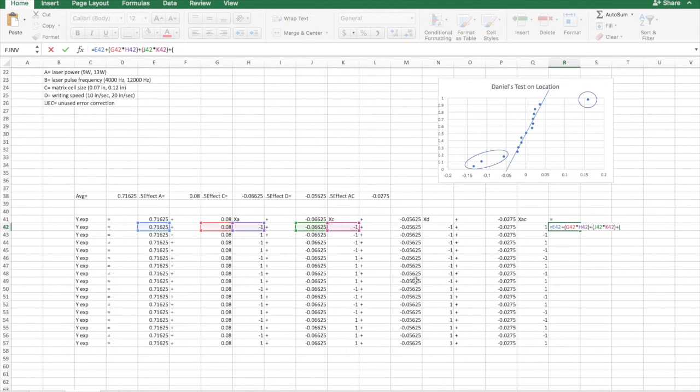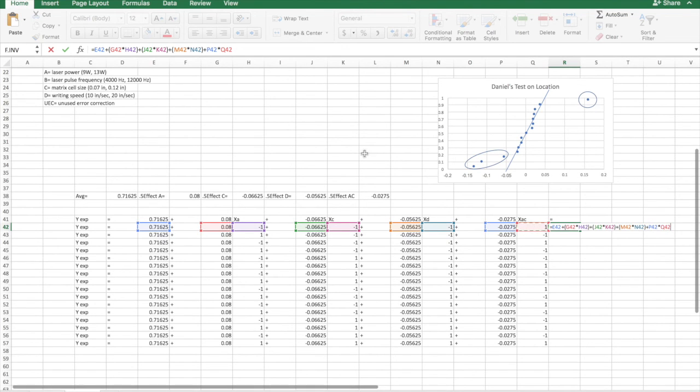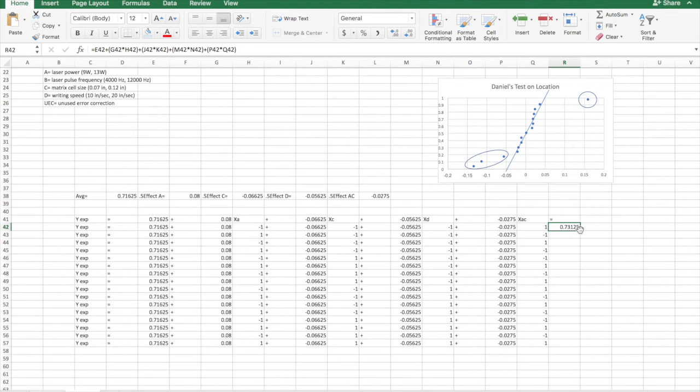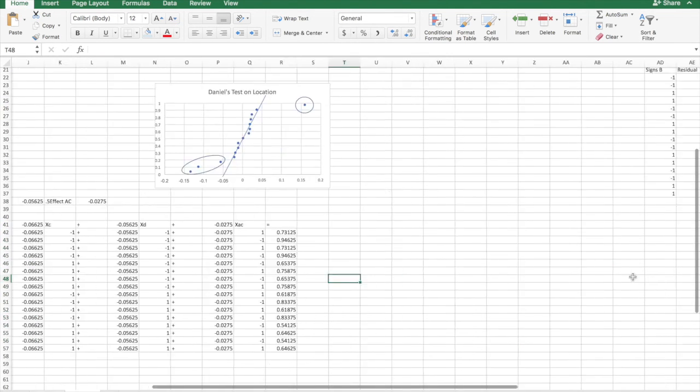Plus, plus, and in here we're missing the... okay, and this is our expected values.